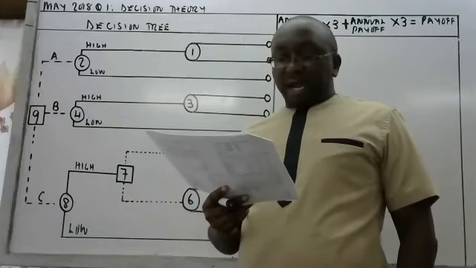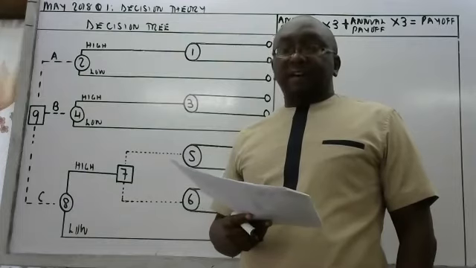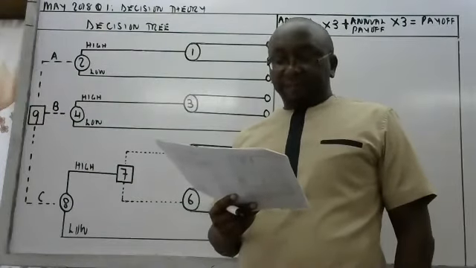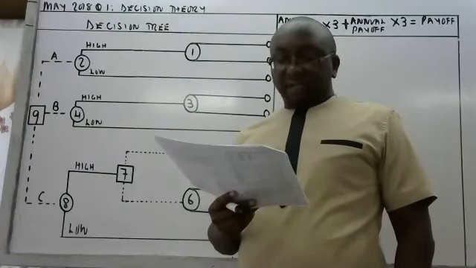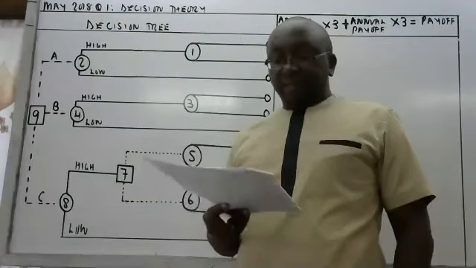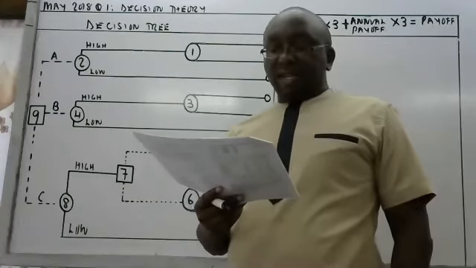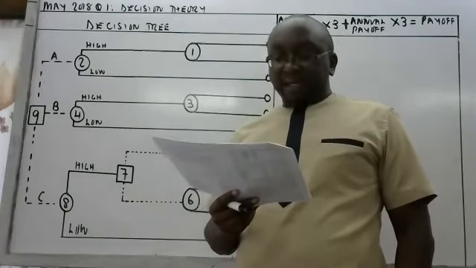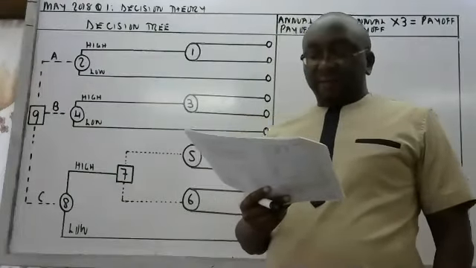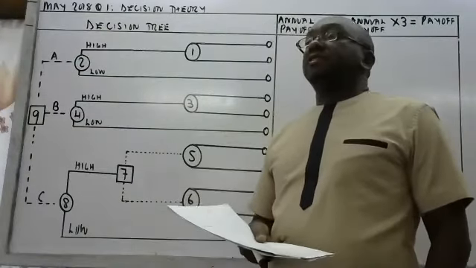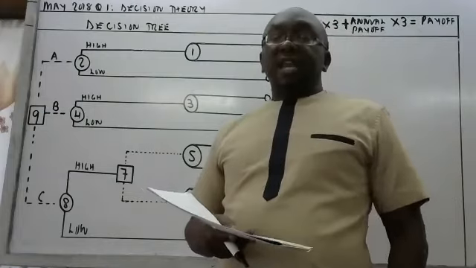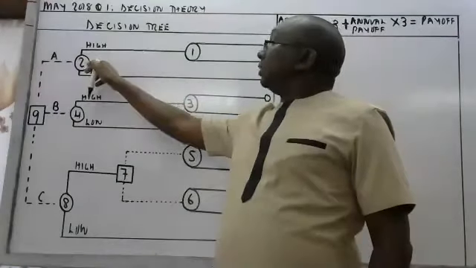If you look at the first data that is given there for the probabilities, we are given high demand for 6 years 0.5, low demand for 6 years 0.3, and high demand for 3 years followed by low demand 0.2. So it suggests we should have three outcomes from here.